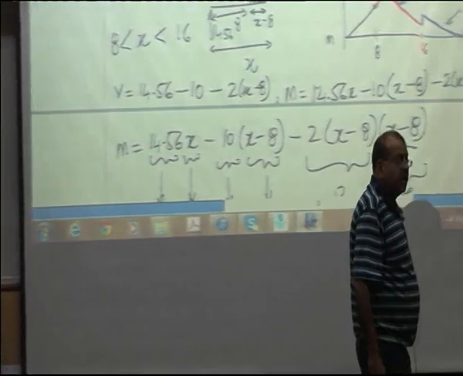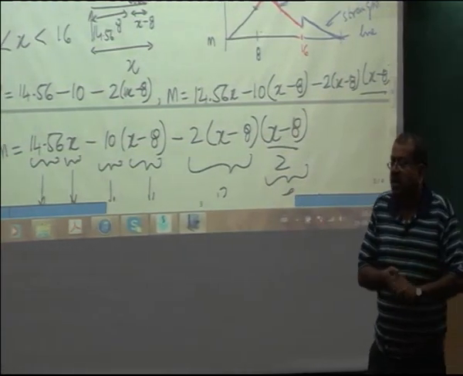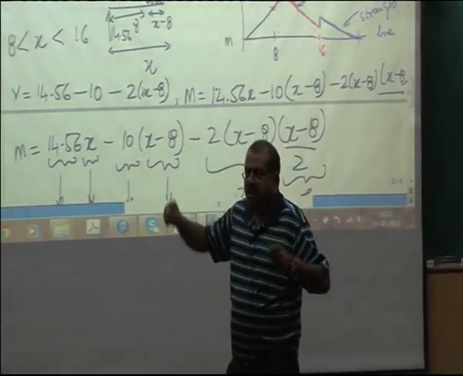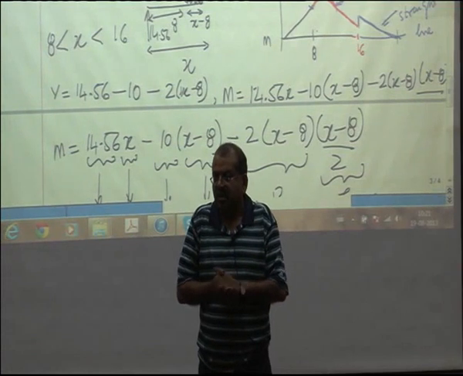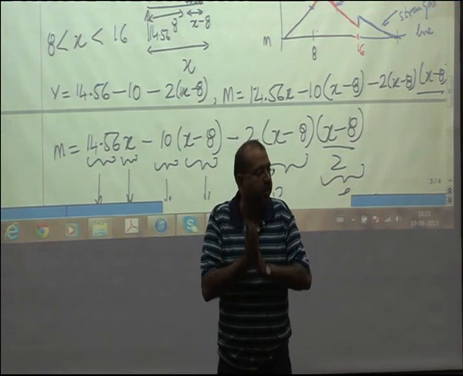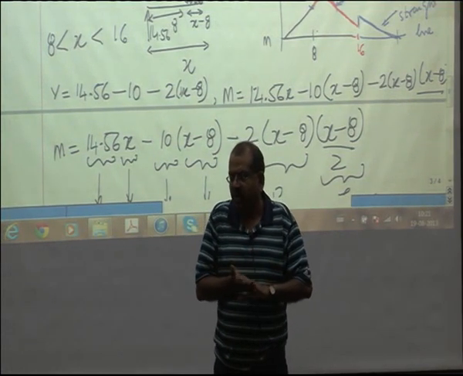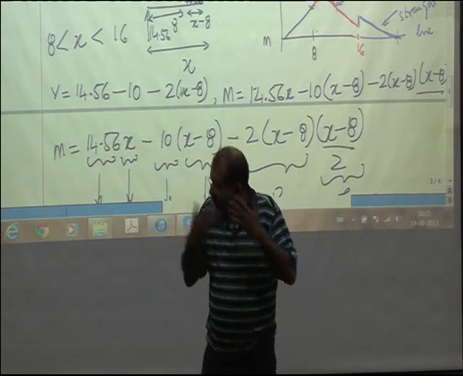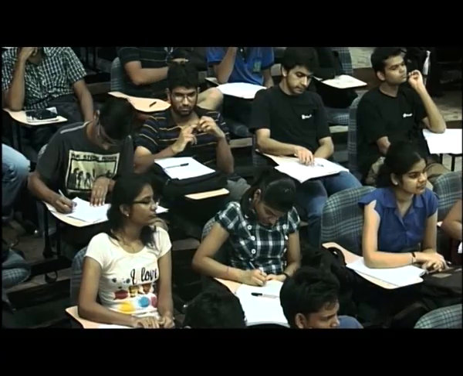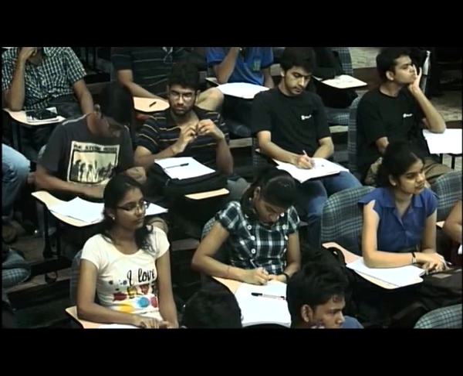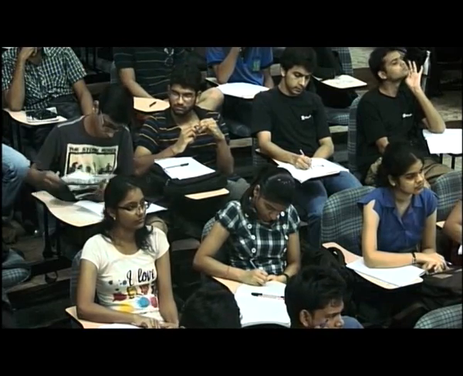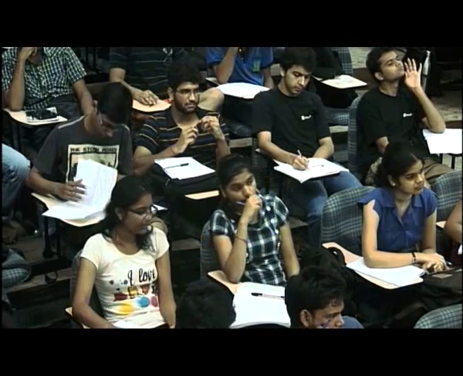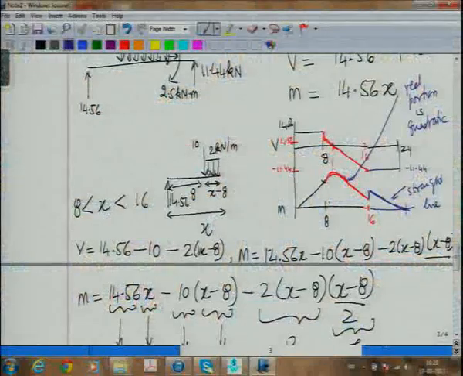Okay. Now there is a section on beams, on cables. We will not be doing that. So in this chapter there is also a section in the book on cables. We will not be looking at that. What we will be moving on to next is the concept of friction, dry friction. And actually it's a very simple concept.